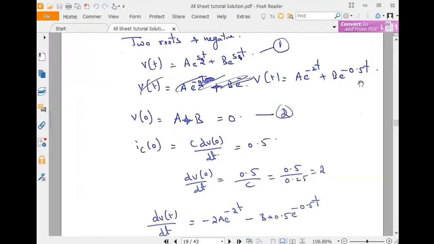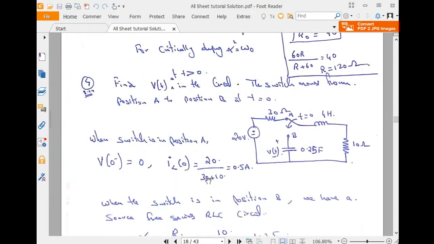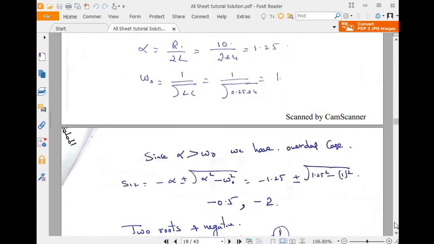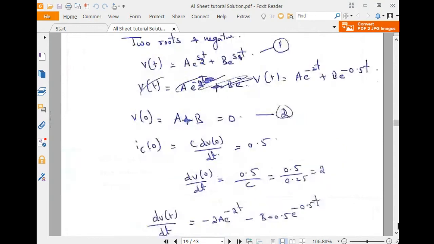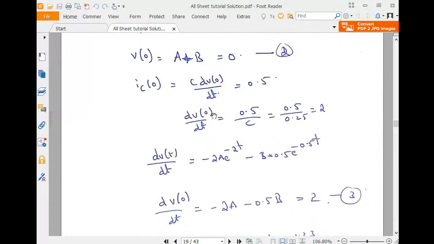To find the values of A and B, we substitute t equal to 0. You will get this equation, A plus B equal to 0. Now the value of IC of 0 equals 0.5, and IL of 0 equals 0.5. Now IC equals C dV by dt.